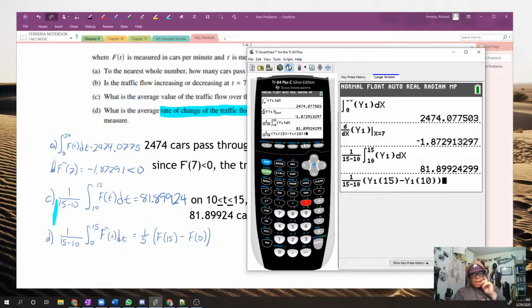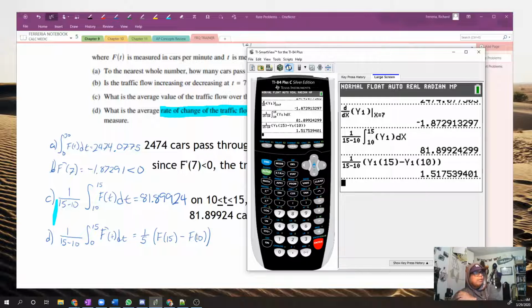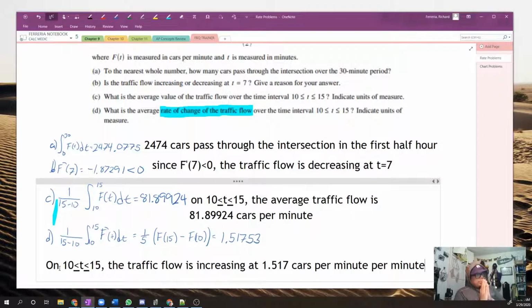Here we go. I just went 1/15 minus 10, and then I have y15 minus y10, and I'm looking at the work over here, and it looks like I forgot to make this a 10. Well, we'll fix that later. Okay, so that is 1.517. So what does this mean?